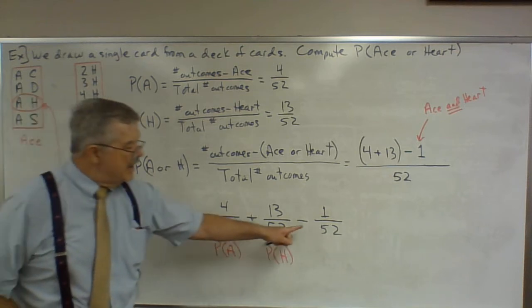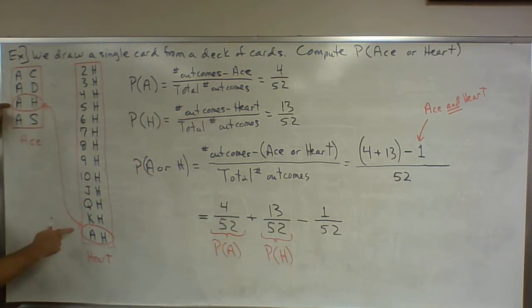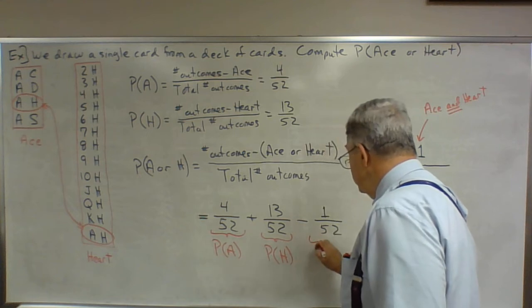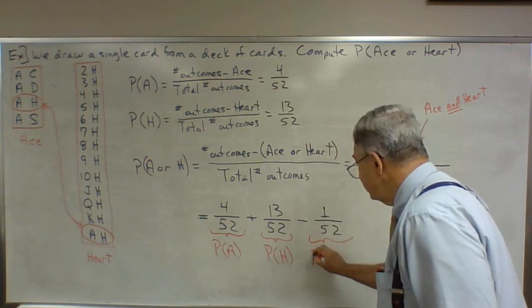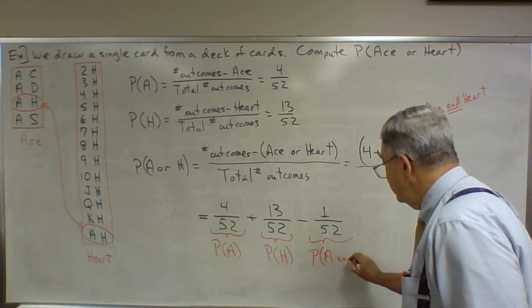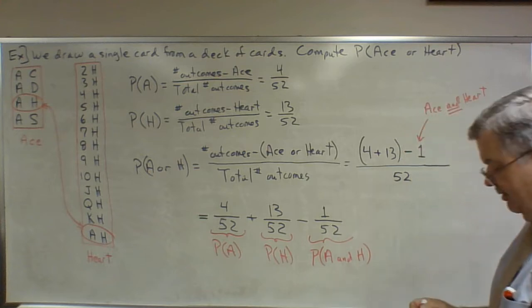This is the one outcome, an ace and a heart, that we actually counted twice. And so to atone for that, we're going to have to subtract the probability that we get both, an ace and a heart.